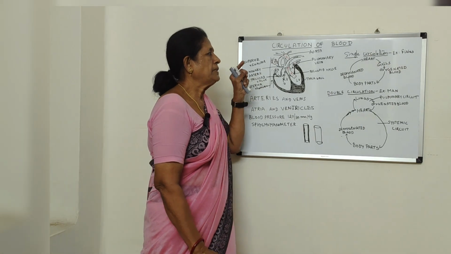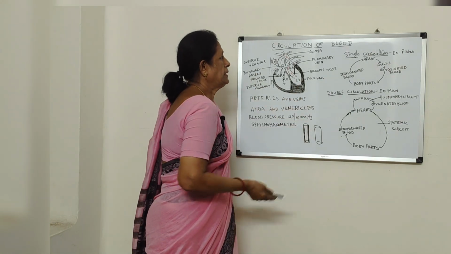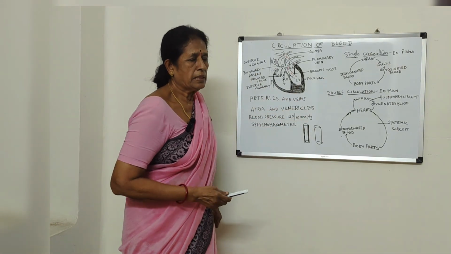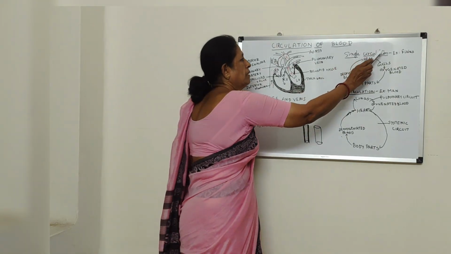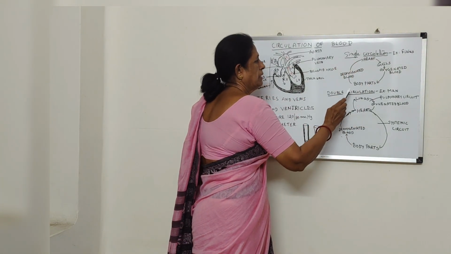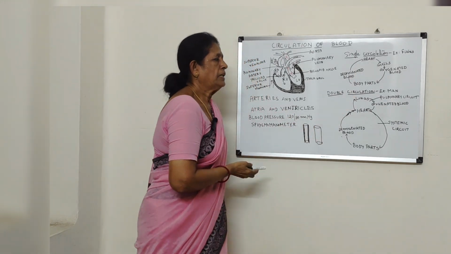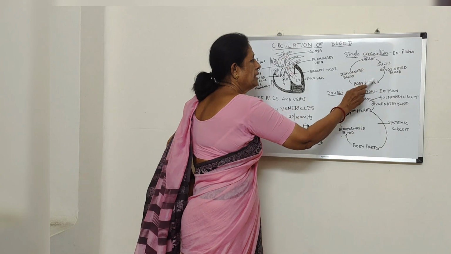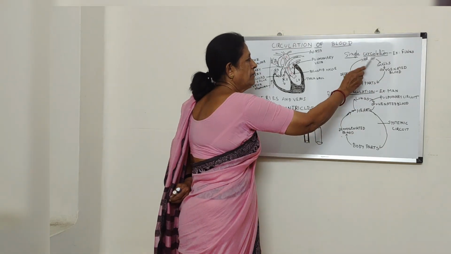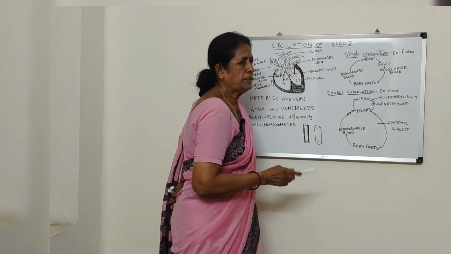Now if we see the circulation, how the blood is circulated, there are two types of circulation: single circulation and double circulation. What is single circulation? Only one circuit is present. Example: fishes.